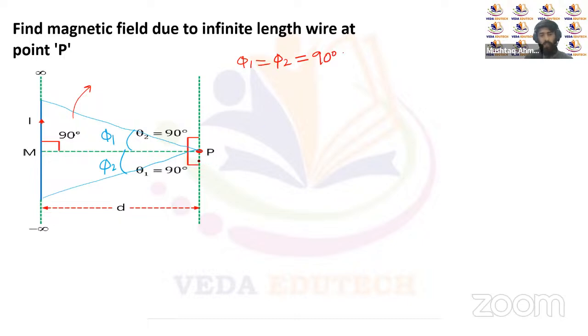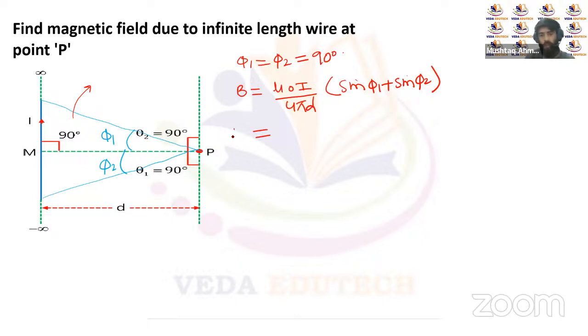And the magnetic field at this point will be given by mu naught I upon 4 pi d, sine of phi 1 plus sine of phi 2. This will be the magnitude of the magnetic field at this point, and phi 1 and phi 2 are 90 degrees each. So it will be sine 90 plus sine 90, that is twice sine 90, that will be 2.